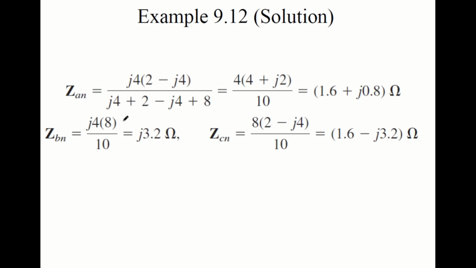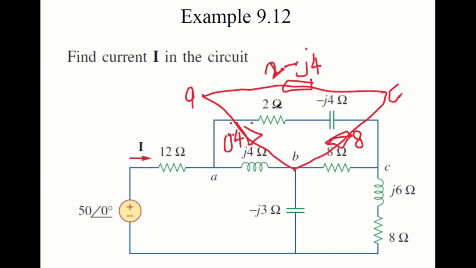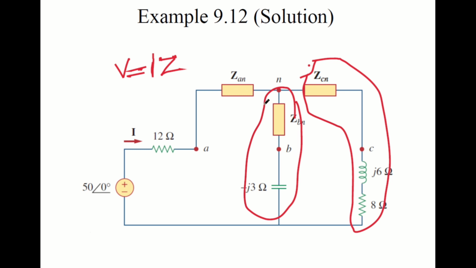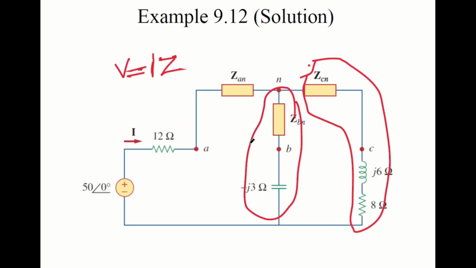So this is how you find the impedance of the wye circuit, ZAN, ZBN and ZCN, like this one. From this delta, we convert it to wye, and then we find the total impedance from this point.